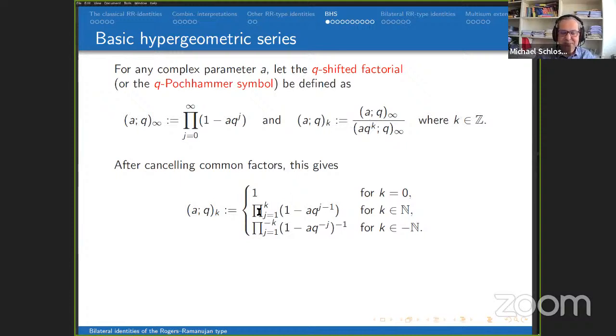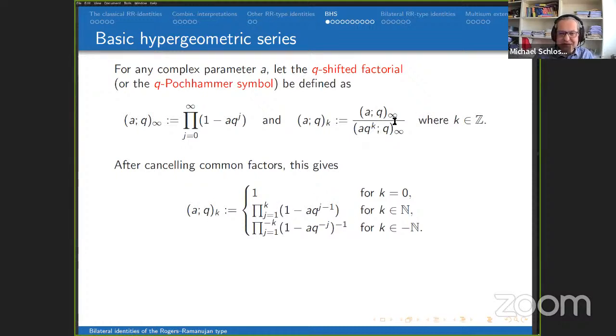For k being a non-negative integer, it's a product of k factors, actually the first k factors here. For k being negative, it's like a negative product, so it gives a product of missing factors, which are then in the denominators, and again, absolute value of k many.